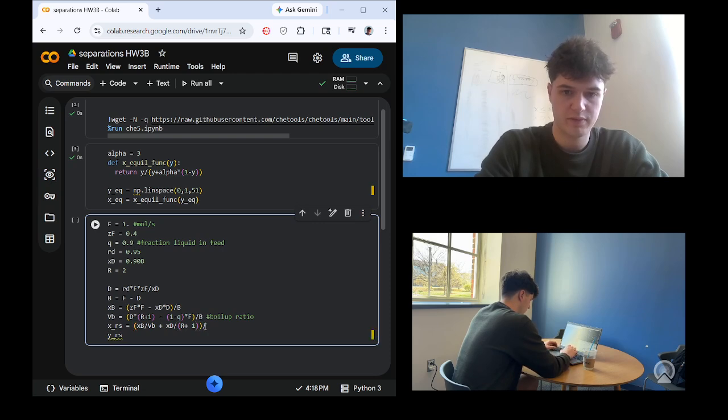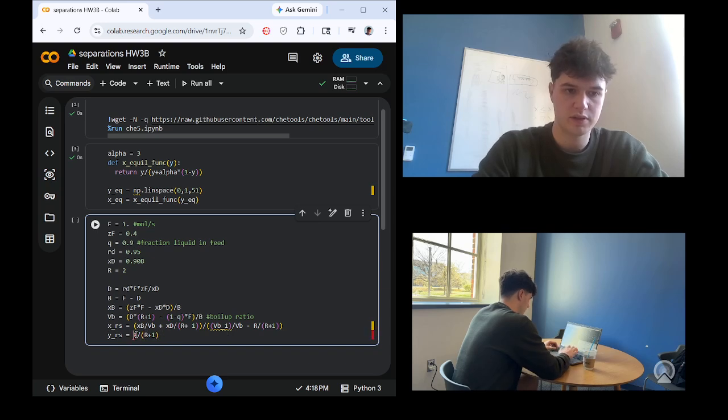That will all be divided by VB plus 1, divided by VB. VB is bar, by the way. I don't know if I said that previously, just so we are aware. And then this is going to be equal to our reflux divided by reflux plus 1.